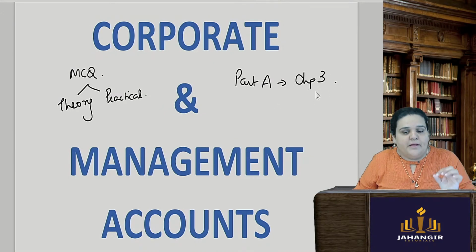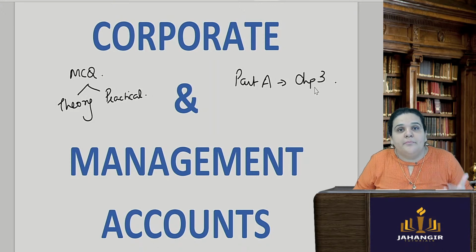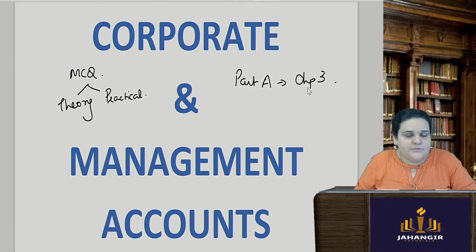We will be solving all the most important past exam questions, and the probable questions which can be asked. With the past exam questions, you'll get an idea of how important this chapter is.